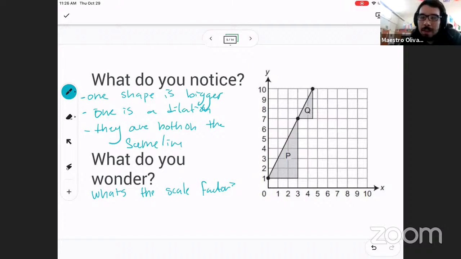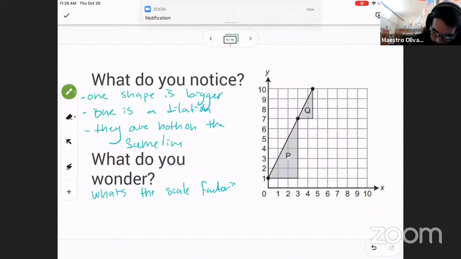Those are just names for the triangles. Part of this activity is for you to recognize, hey, these triangles are on the same line and they are dilations. So let's figure out how many times bigger is one triangle over the other.